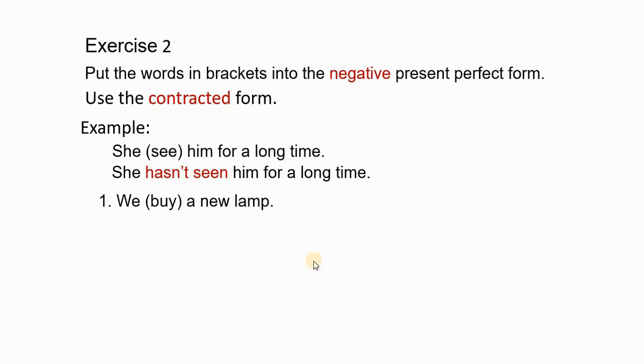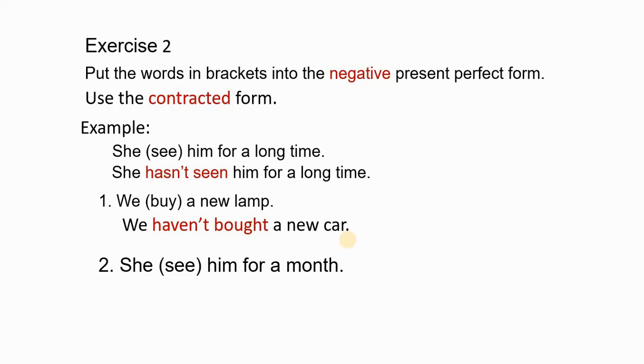Question. Answer: we haven't bought a new car. Question number 2. Answer: she hasn't seen him for a month.